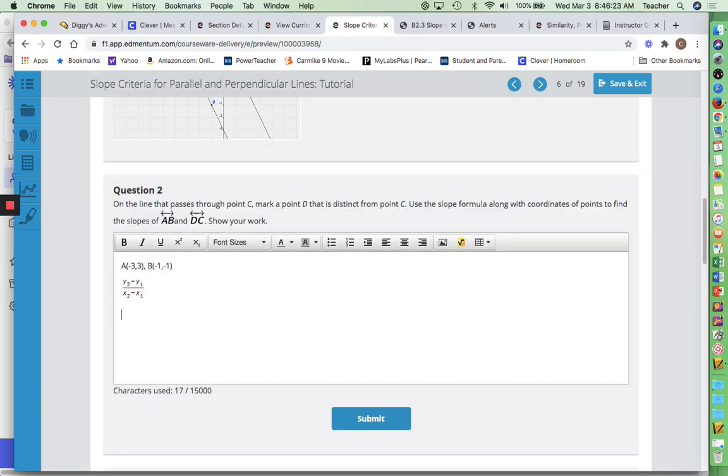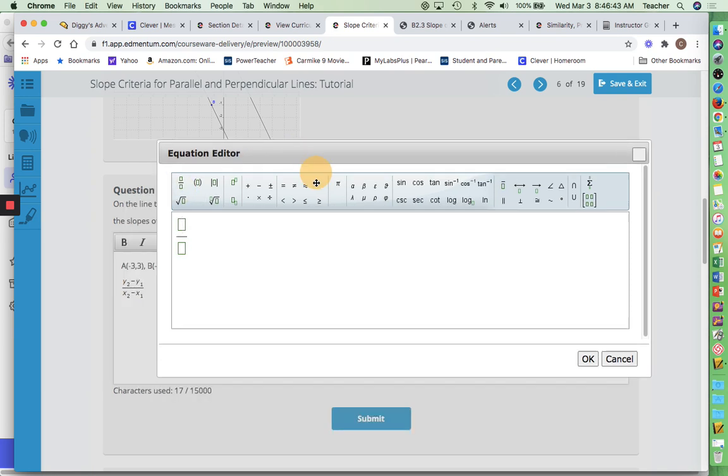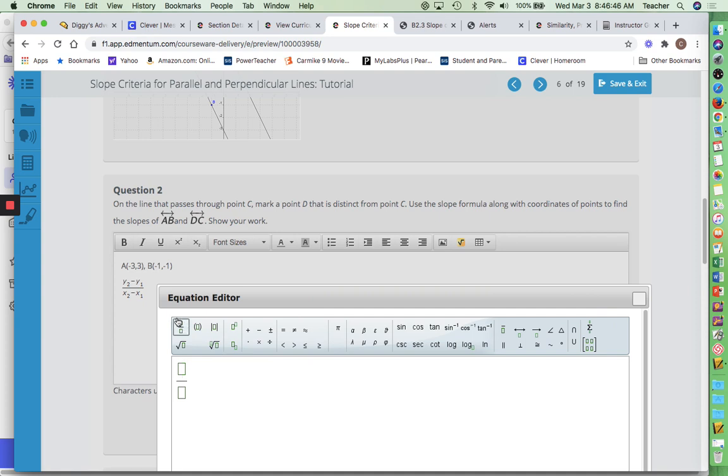All right, so we're just going to plug and chug that. Sitting in the y2 position is the -1 minus the 3, and on the bottom, x2 is -1 minus the -3. So here it goes. Let me move this over so y'all can see. y2 is -1 minus y1 is 3, over -1 minus -3.